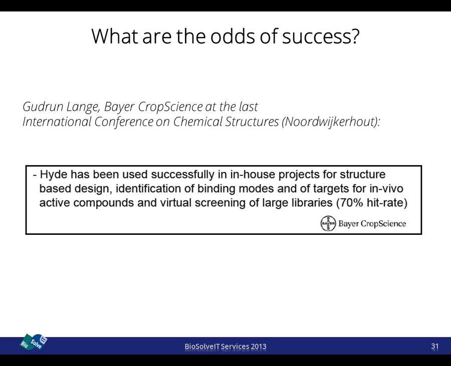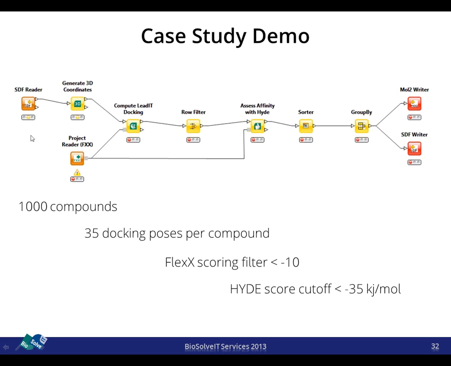So what I did, just to demonstrate this to you, is to take 1,000 compounds only in the SDF reader and generate 35 docking poses per compound. I had a FlexX scoring filter of better than -10 at this point here, then ran the HYDE scoring and sorted them.